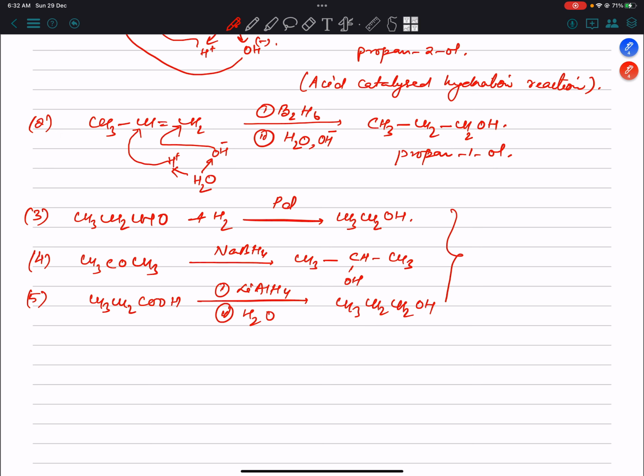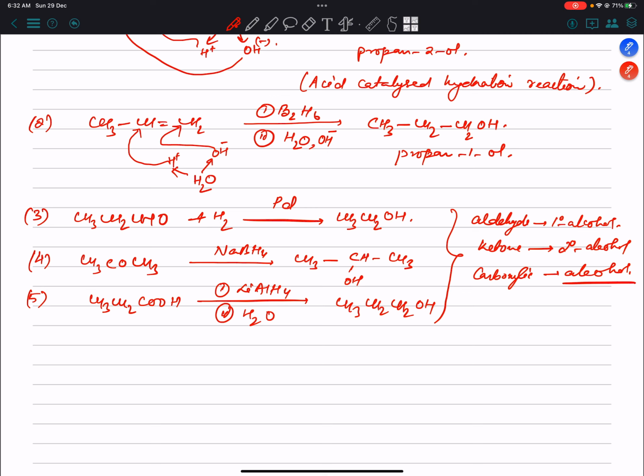In these three reactions, you see that the reduction of aldehyde, ketone and carboxylic acid takes place. Aldehyde gives primary alcohol, ketone gives secondary alcohol, and carboxylic acid also gives alcohol. It may be secondary or primary according to the carboxylic acid we have taken.